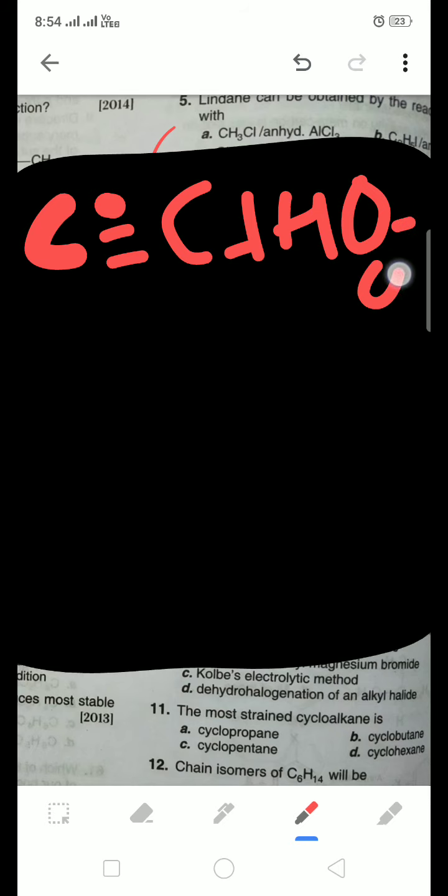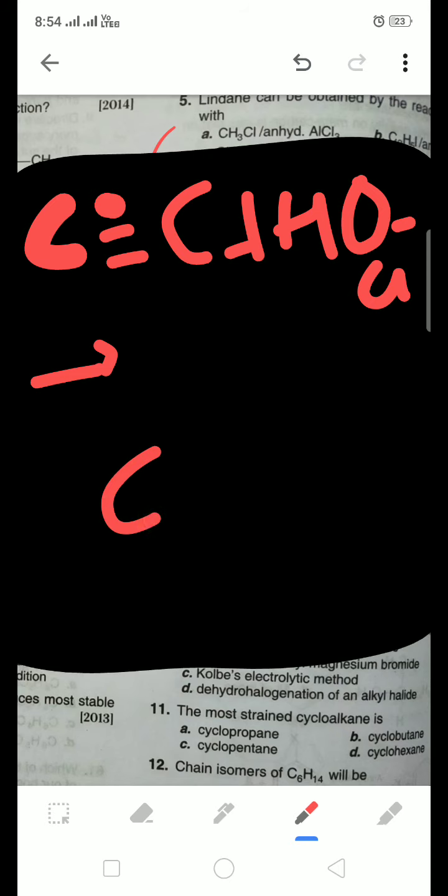Acetylene would react with HOCl, which is hypochlorous acid. So the first product would be formed. We have not been given the number of equivalents, so we should always consider that there is excess HOCl.